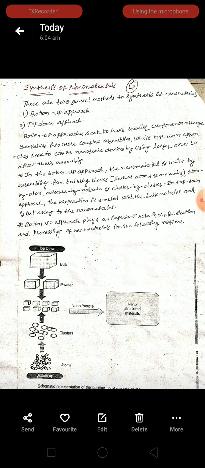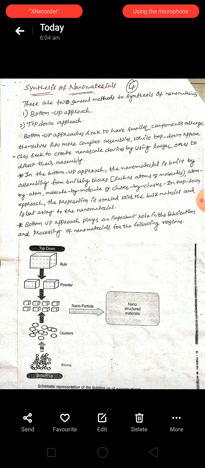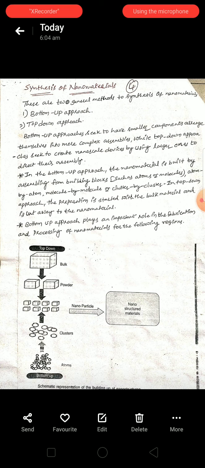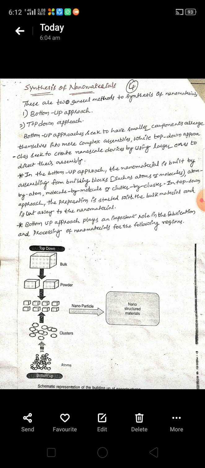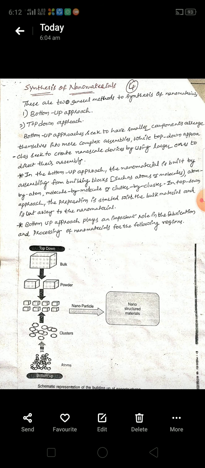Bottom up approach means smaller components arrange themselves into complex assemblies, whereas in the top down approach the larger nanomaterial is converted into smaller nanoparticles. In the bottom up approach, the nanomaterial is built up by assembling building blocks, that is atoms or molecules.